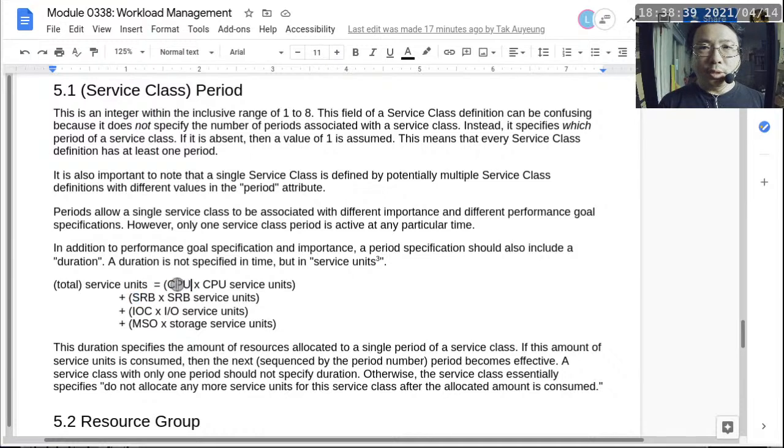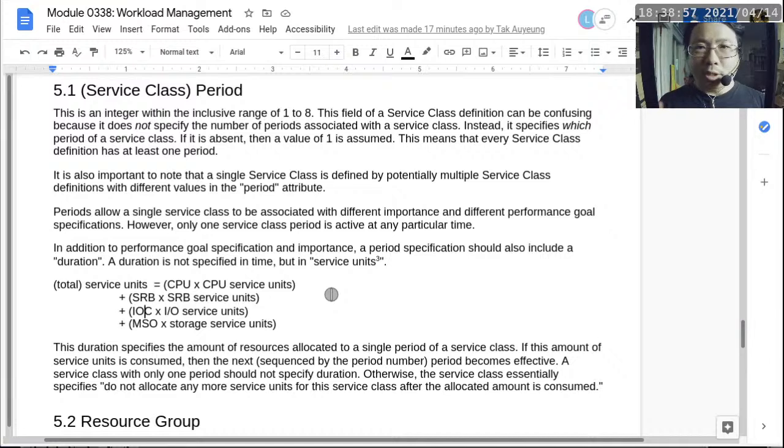These terms, CPU, SRB, IOC, and MSO, are coefficients. When I use the term coefficients, it simply means it is just a value.